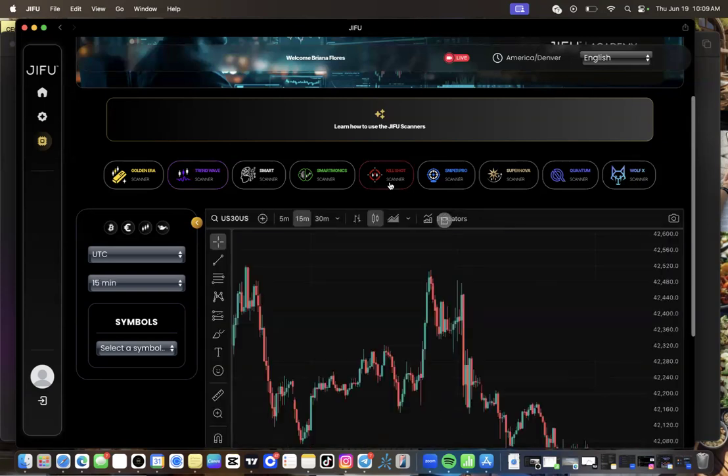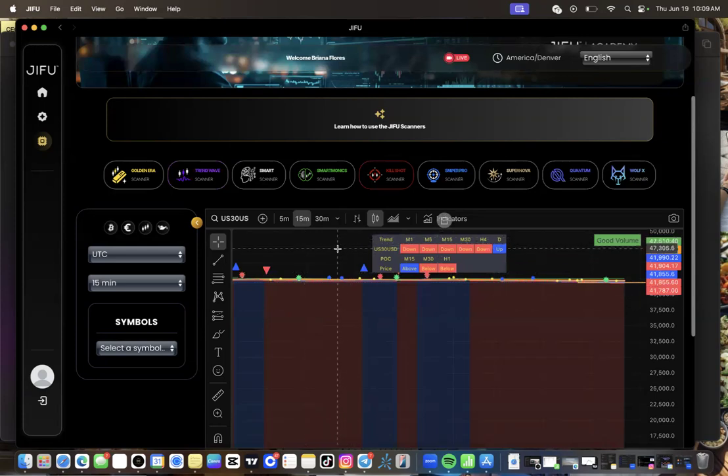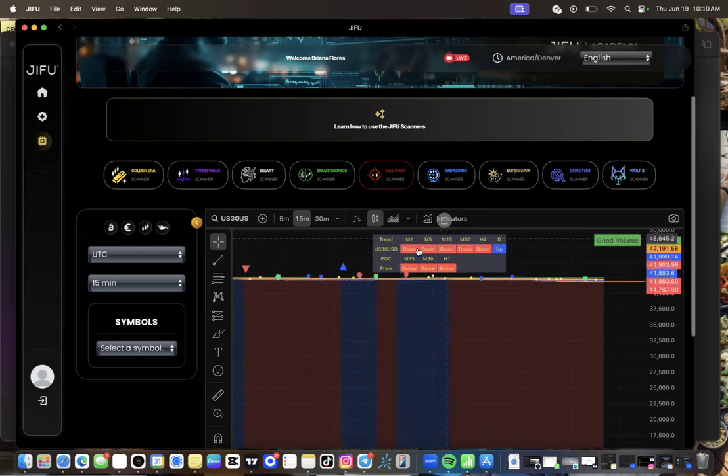Killshot, on the other hand, is where you would know whether it is actually a good time to go in for a buy or sell. For this particular example, with US 30, we're still in that right now. It is still a good time to sell. Not now, though. Please don't press sell if you're a beginner. You already missed it. But anyway, it's still saying that it's a good time to go in because it's all red.